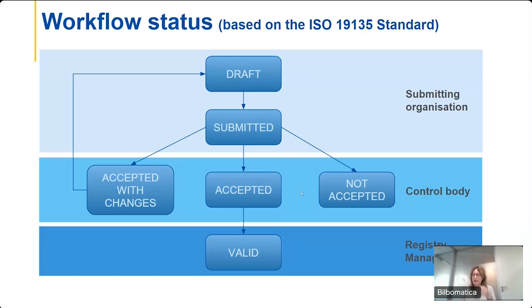The control body accepts, or it can accept with change and send it back to draft, or not accept. But in case of accepted, it passes to valid status, the registry manager can publish the change proposal, and it will be available in the front end.